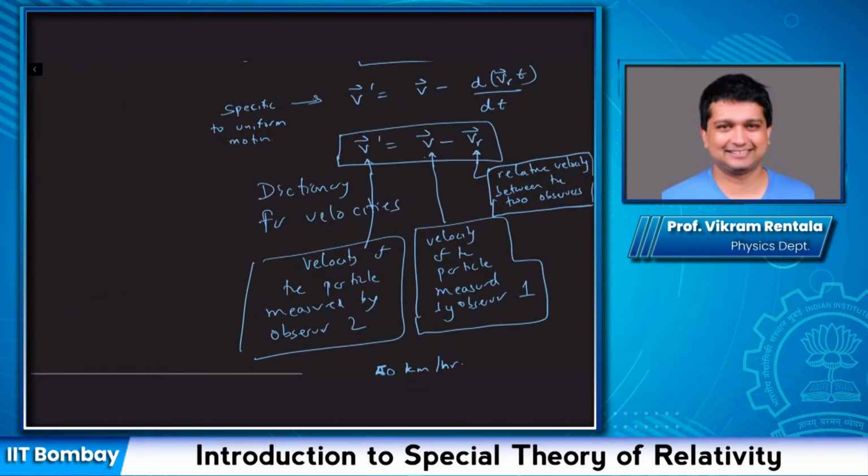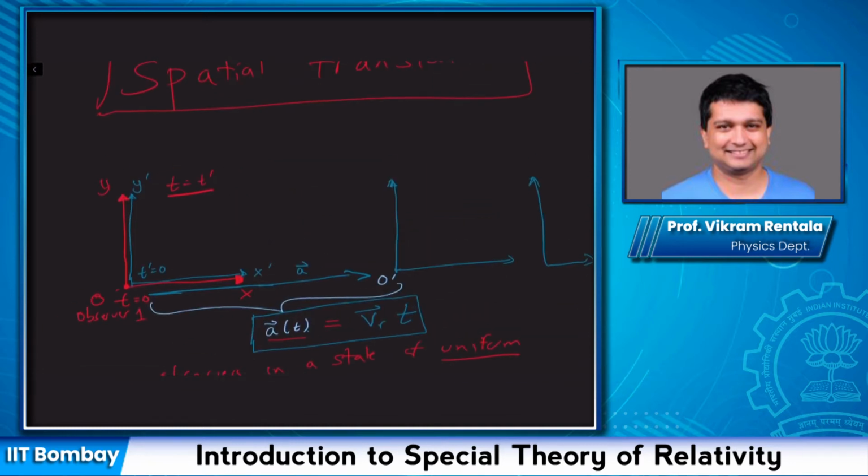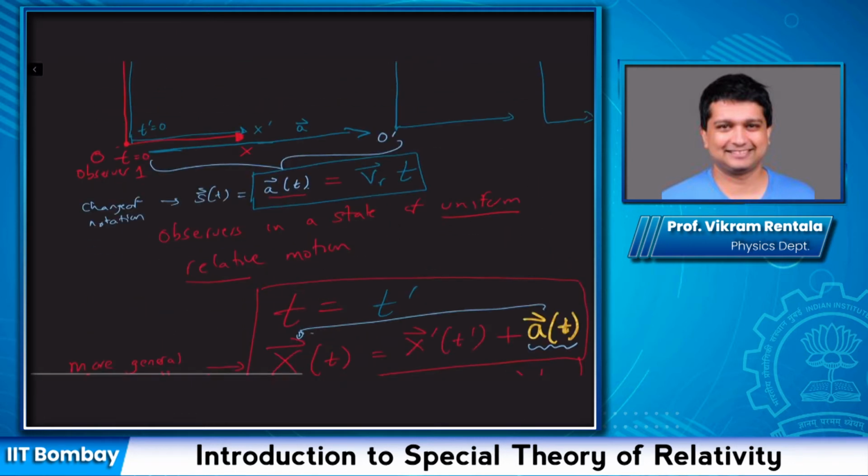So that original displacement between these two observers, which I had written as A of t, I'm now going to rewrite as S of t. This is a change of notation.